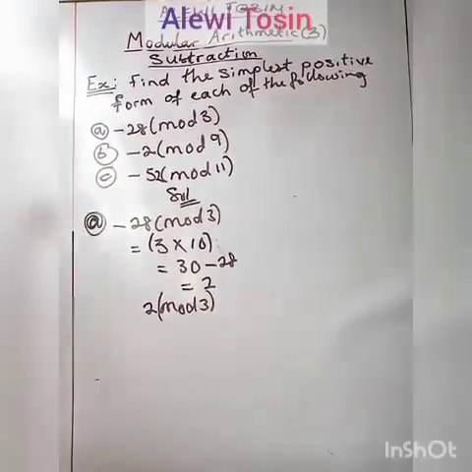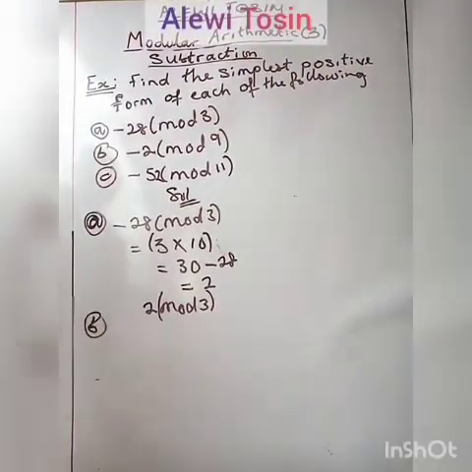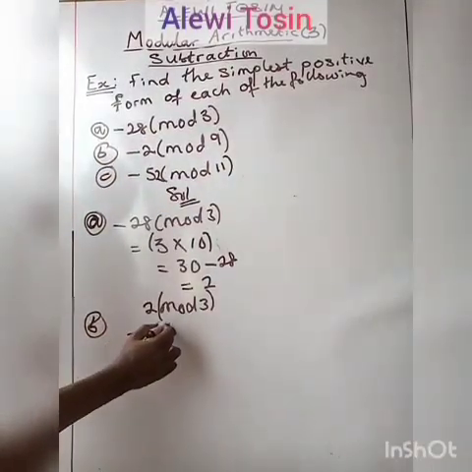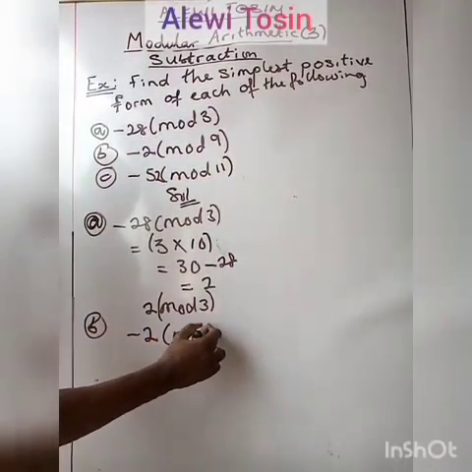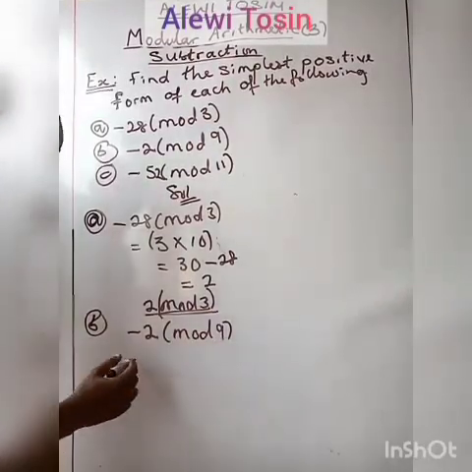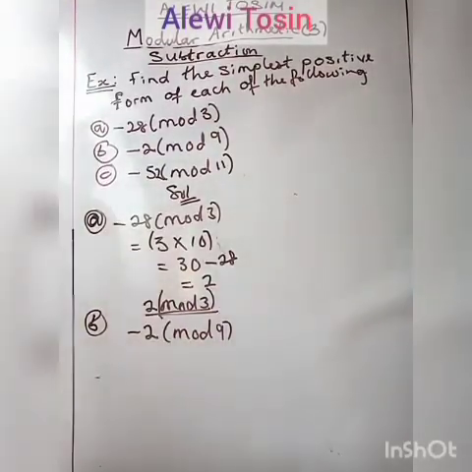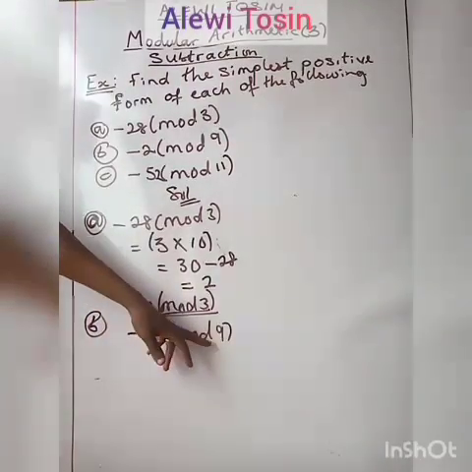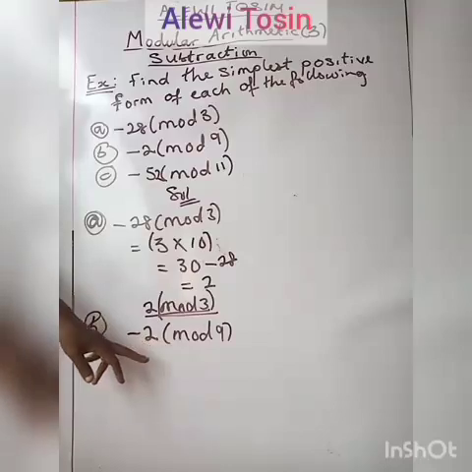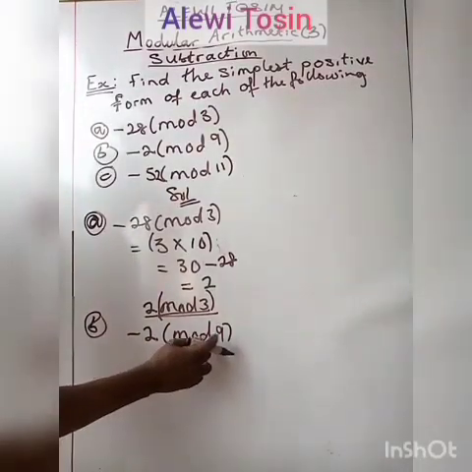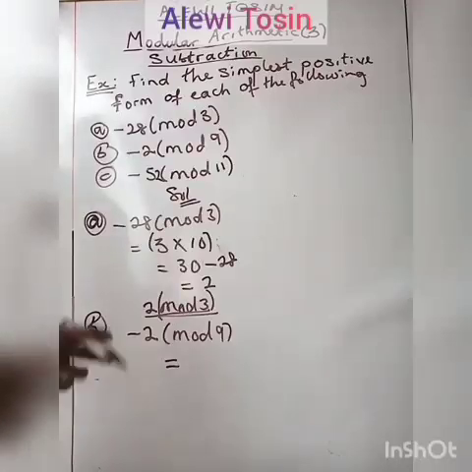Now, let's take the next one. Minus 2 mod 9. Like I said, what is the smallest number that when you multiply it by 9 will give you a number that is bigger than 2?